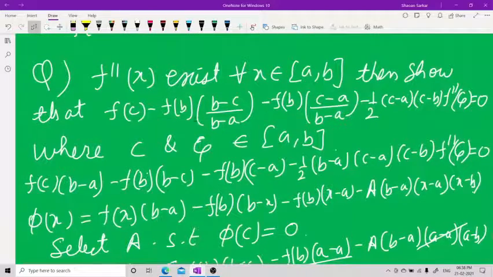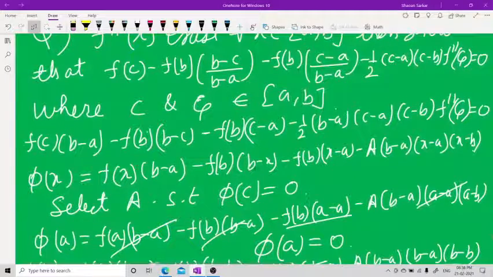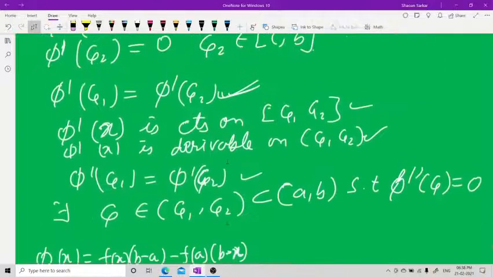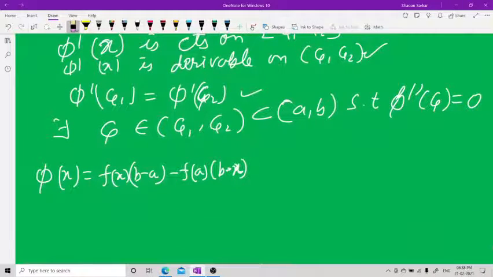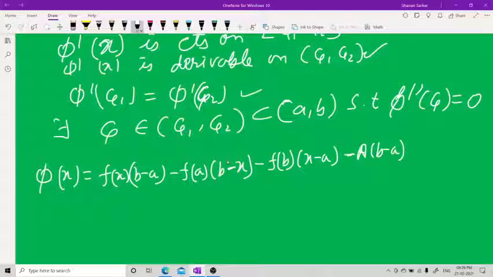Yes, this is b minus x. Then we have, minus f of b (x minus a), and minus A (b minus a)(x minus a)(x minus b).